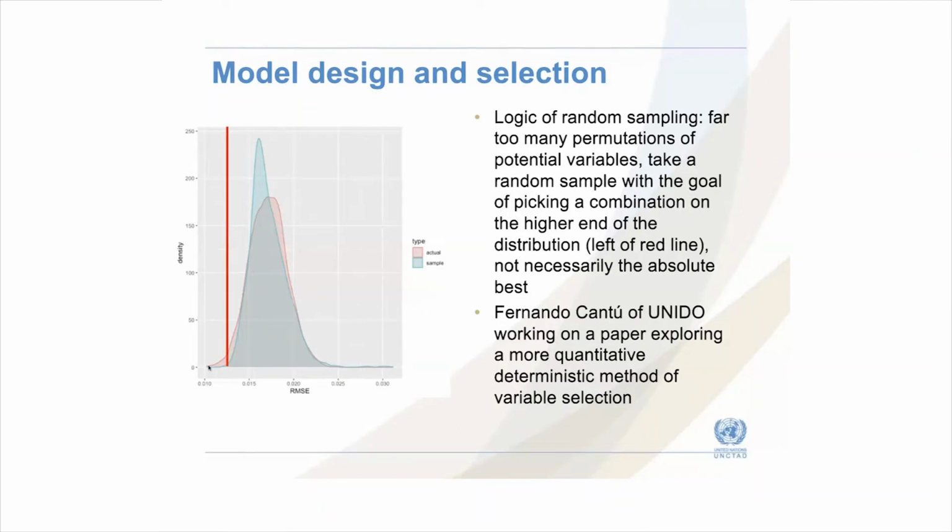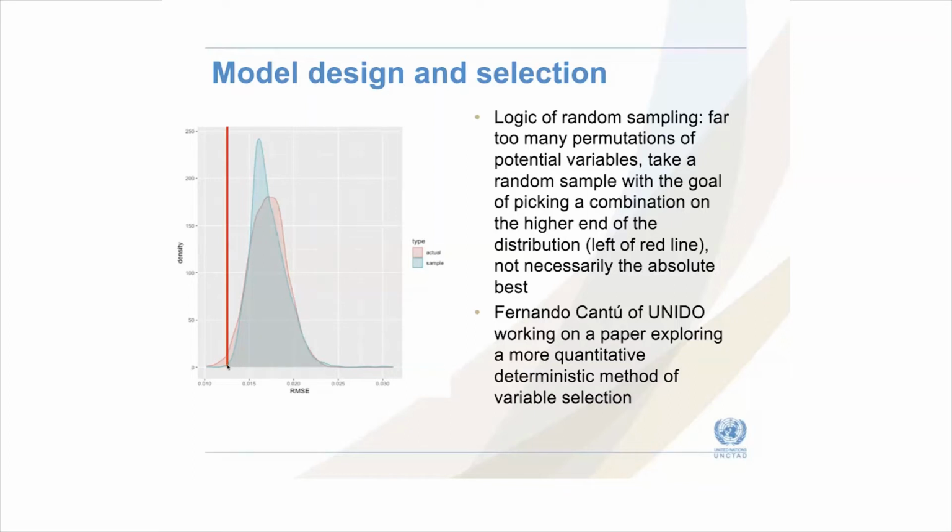If the universe of all the potential combinations of explanatory variables is this red distribution, the idea was to take a lot of samples. In this case, it was over 500 random samples of subgroups of explanatory variables. Then you generate some sample distribution, which is obviously not the real distribution, but a representative sample of that real distribution.